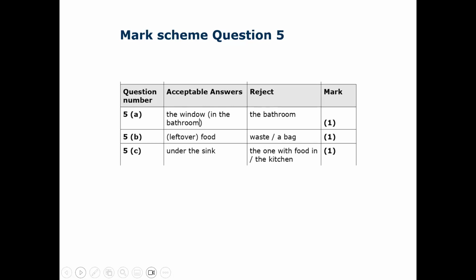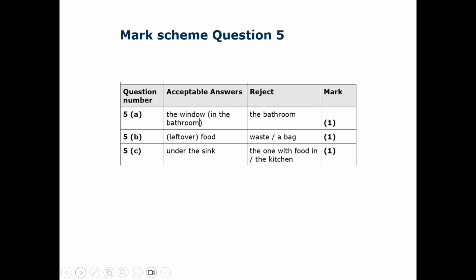Examiners will also, and I mentioned this when we talked about the reading paper, those acceptable answers are not the only acceptable answers. You see, if in B the candidate wrote things to eat, that is food, and that would be okay. So keep in mind that what we're testing is comprehension.